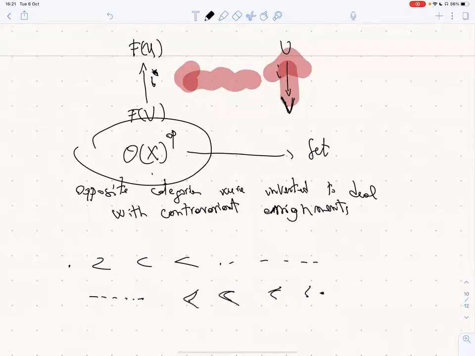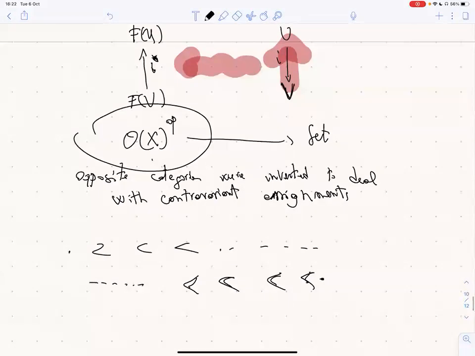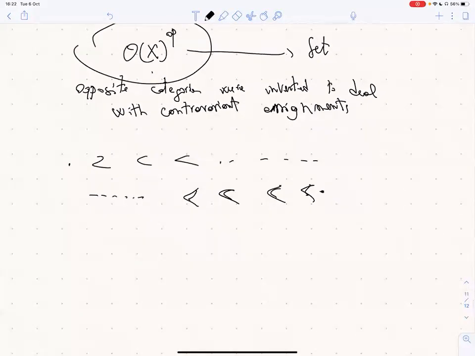And so the two posets are very different. Don't forget it. They look similar, but they might be extremely different. They might not be isomorphic, for example, as posets. Okay, very good. For example, if a poset has a bottom but no top, and the opposite has a top but no bottom, then evidently they cannot be isomorphic. This is clear because isomorphic posets either both have a bottom or both don't.